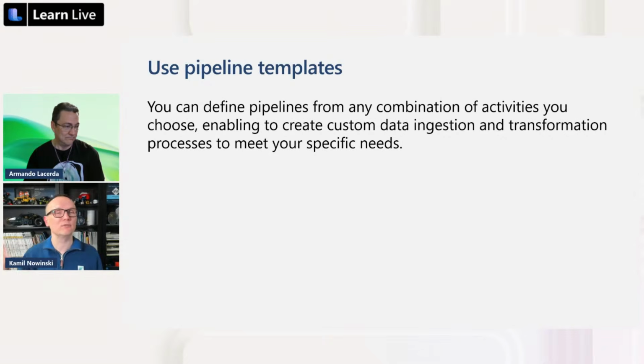So let me give you an example. One example is when you are building an incremental ingestion process, where every time you run the pipeline, it will just get the latest, incremental data from your source. To achieve that, after the copy data, you need to save some information, maybe a watermark, let's say the maximum ID from the primary key that you read last time.